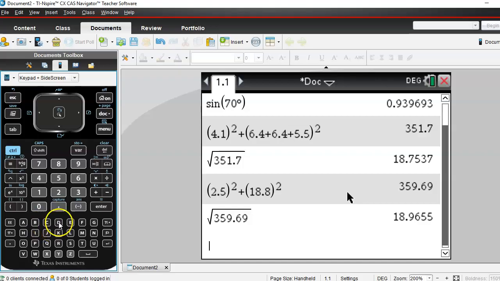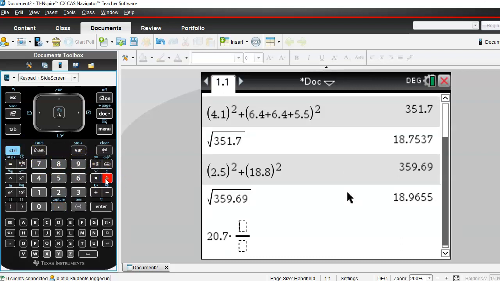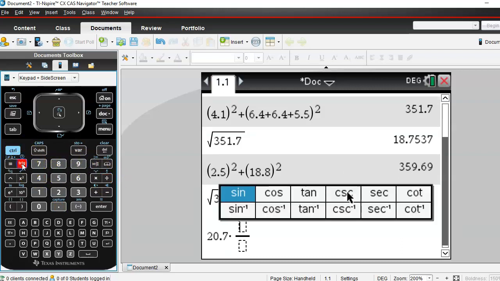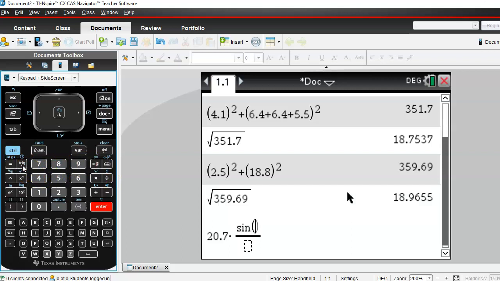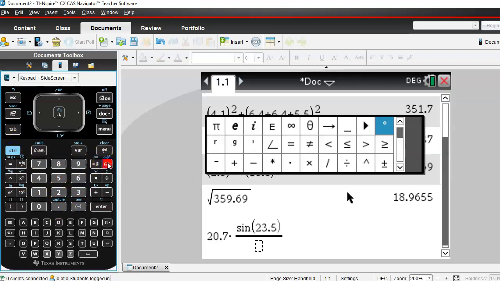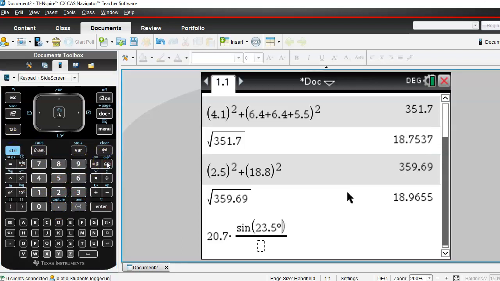Alrighty. 20.7 times by our fraction, which is sine 23.5, and I like to force it to degrees, over 10.4.